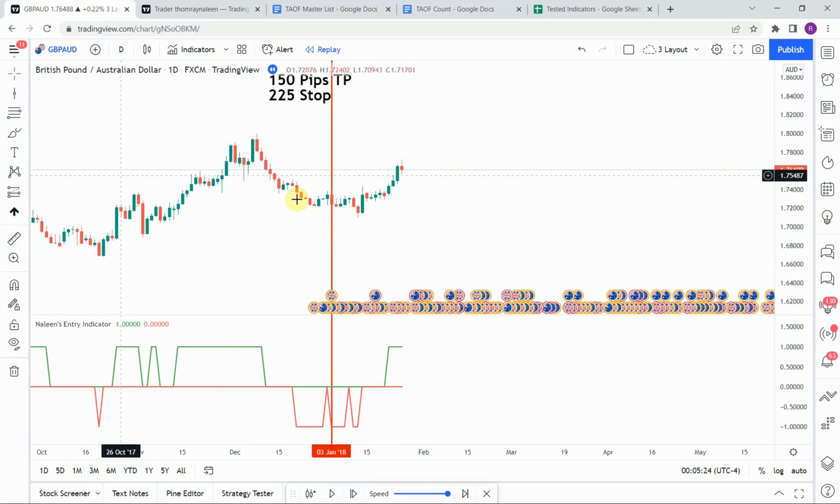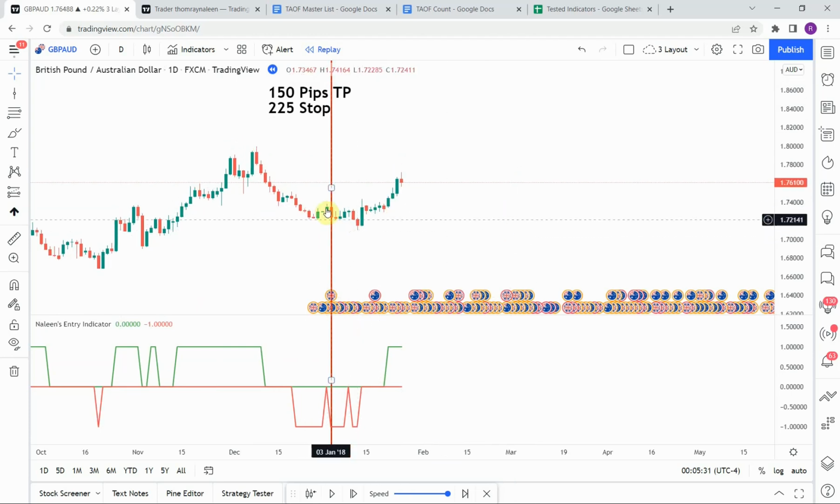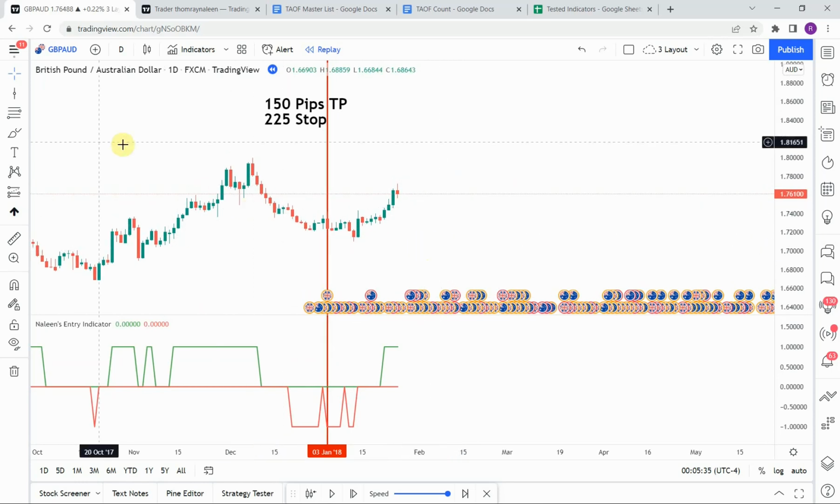Alright, so the first signal that we pick up is a short signal right here. Unfortunately, it just barely misses our take profit before we then get this heavy push to the upside, which stops us out. Let's go ahead and continue on.